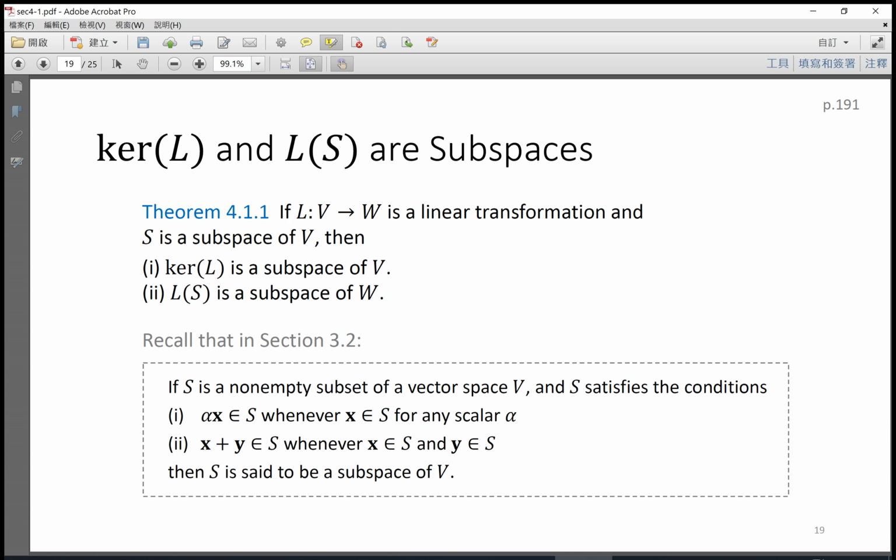Next, we will revisit the definition of a subspace.